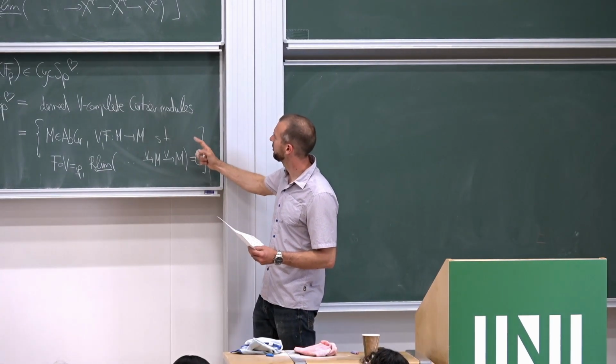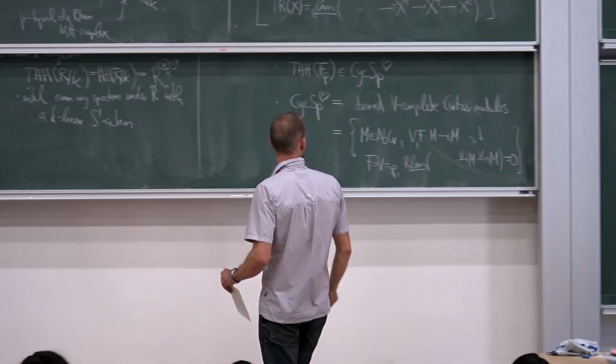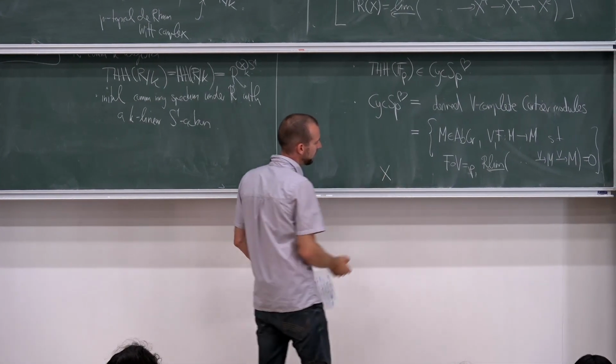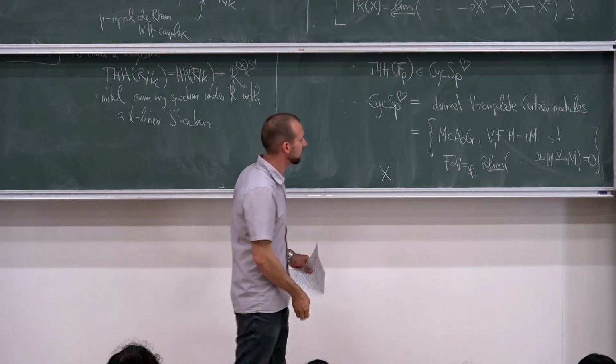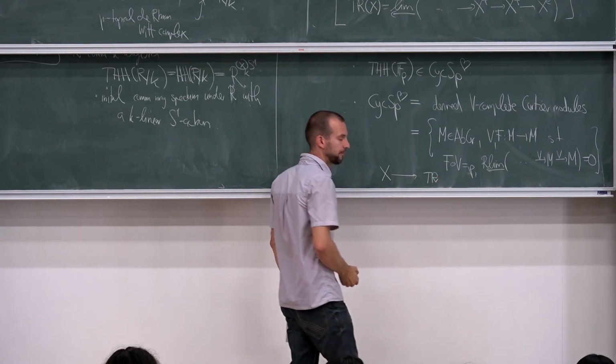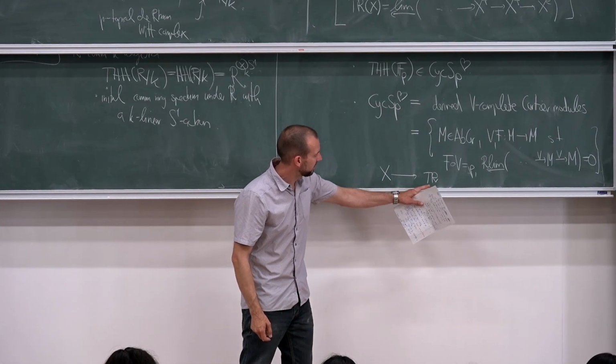And that is very surprising. The way this equivalence is implemented, it sends an object X, a cyclotomic spectrum in the heart, to TR, in fact. If X lies in the heart, then TR is discrete.